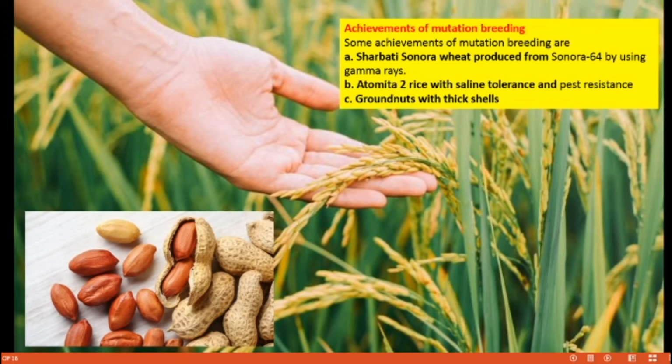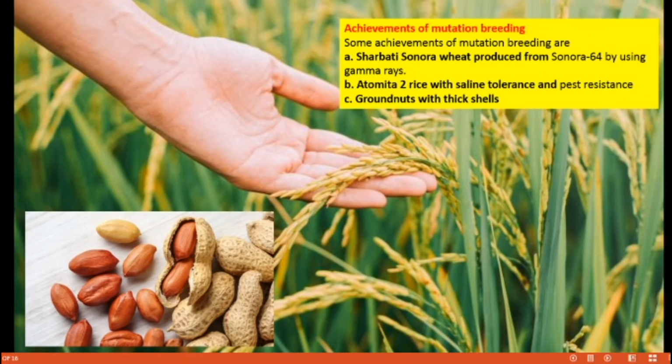We know that groundwater is changing and becoming salty. During these times, normal paddy may not yield much. But Atomita 2 is able to survive in less salty water, with tolerance to saline water.